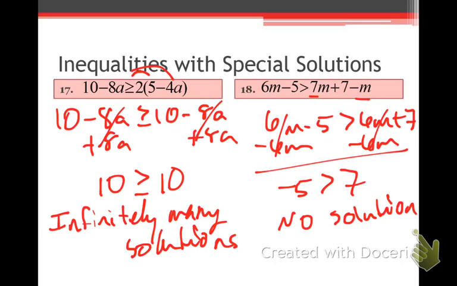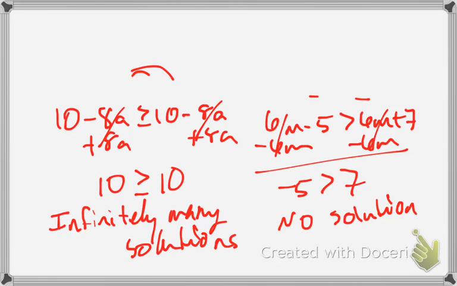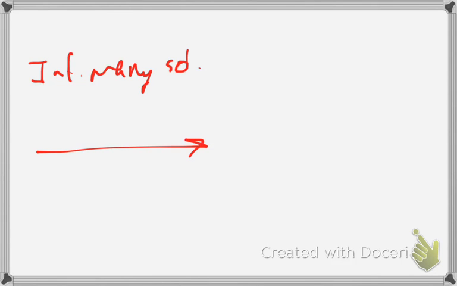Okay? And to carry this one step further, infinitely many solutions. How would you graph that? Put 0 here, 1 here, negative 1 here. Do you have an open circle or closed circle anywhere?